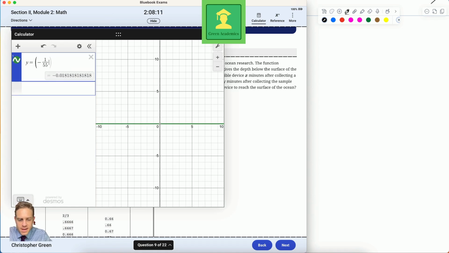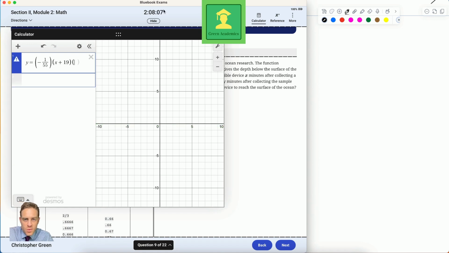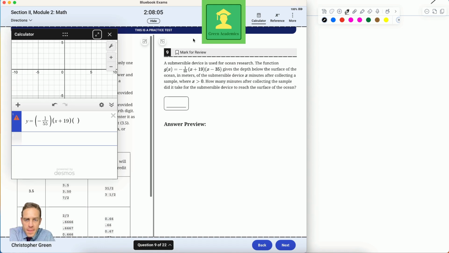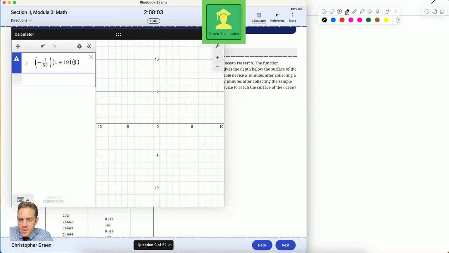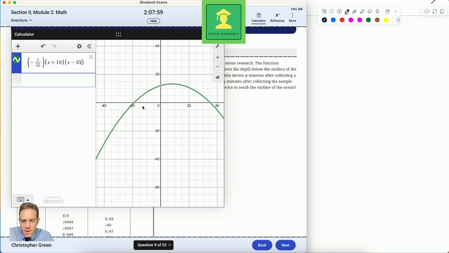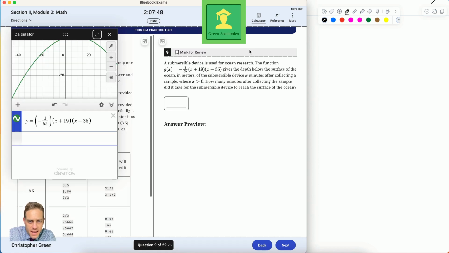So -1/55 times the quantity x plus 19 times the quantity x minus 35. And just look at the picture. So it submerses from the surface at -19, and then collecting a sample where x is greater than 0.